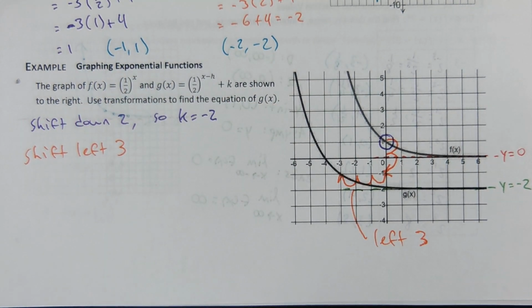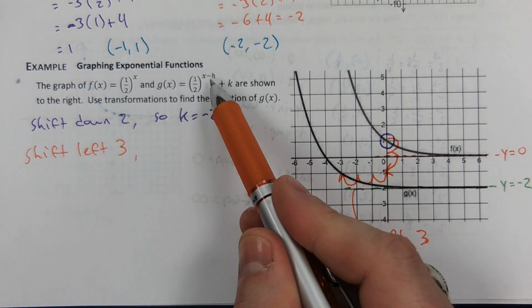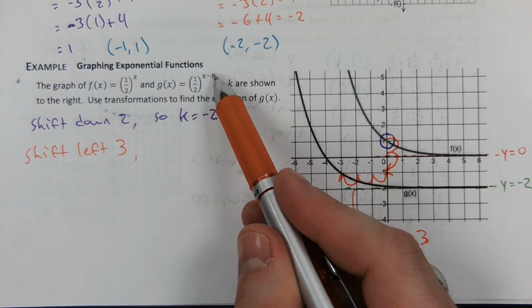What would the transformation look like normally if you said shift left 3? What would you see in your argument? Everything that's in the parentheses, please. What would you have normally seen? No, not just plus 3. x plus 3. So we know that the exponent should have said x plus 3.